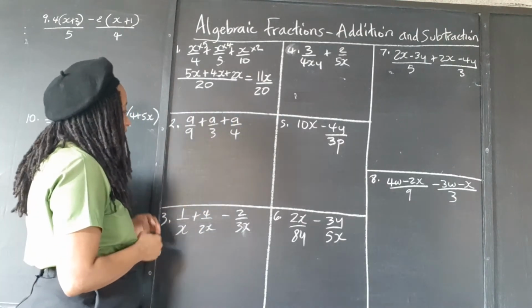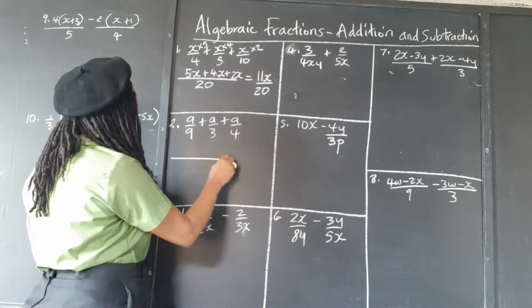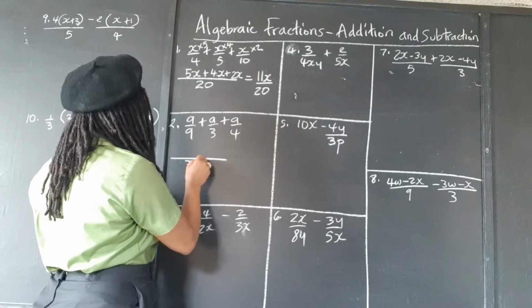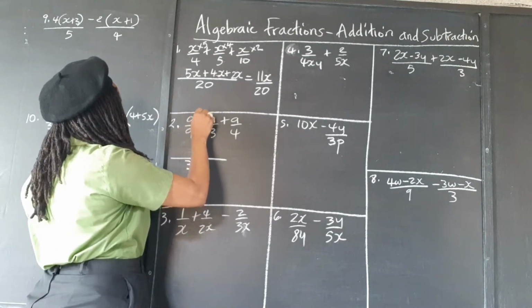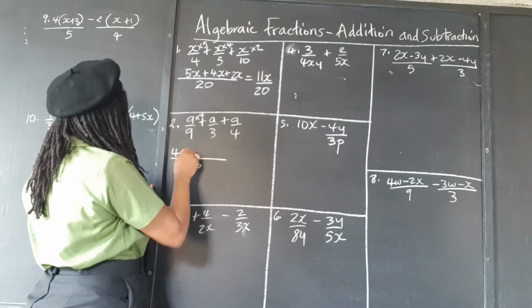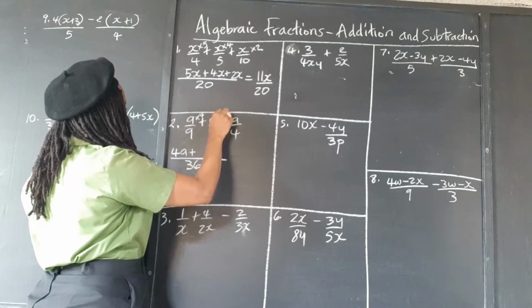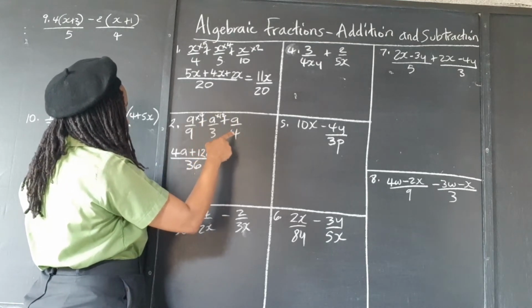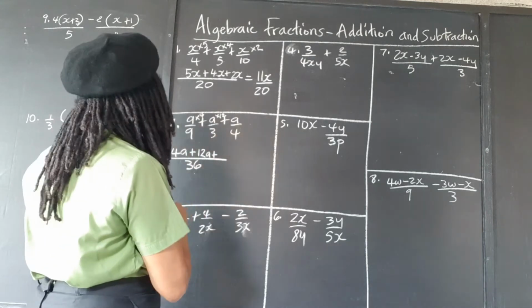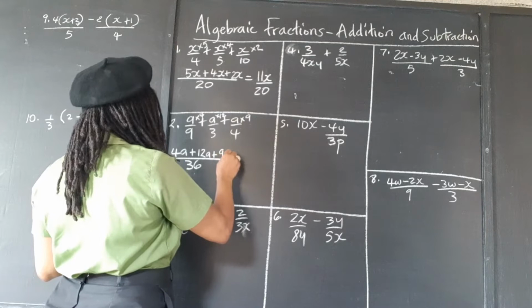The LCM of 9, 3, and 4 will be 36. 9 goes into 36 4 times. 'a' times 4, that's 4a. 3 goes into 36 12 times. 'a' times 12, that's 12a. And 4 goes into 36 9 times. 'a' times 9 is 9a.